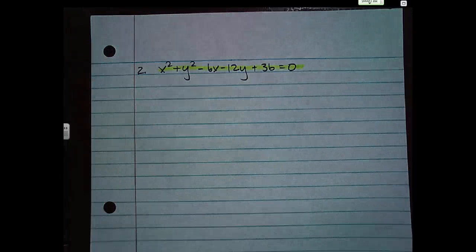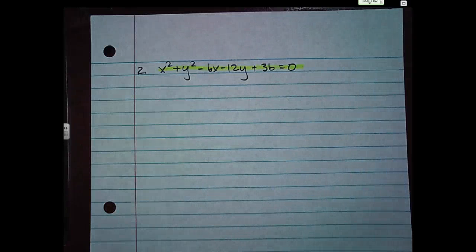Alright, on the right, I want you to tell me what kind of conic this is. So tell me what A is and what B is, and what you think that it would become. What conic is it? What's A? A is 1, and B is also 1.